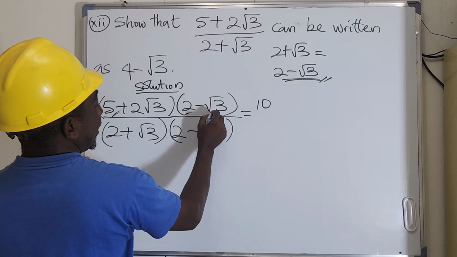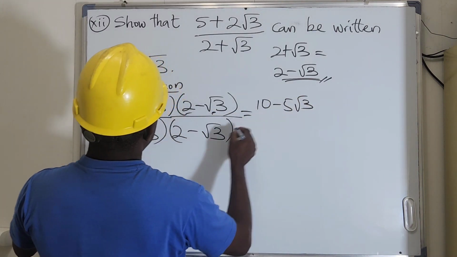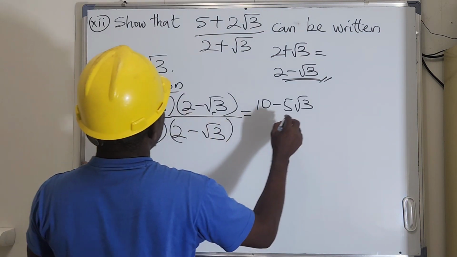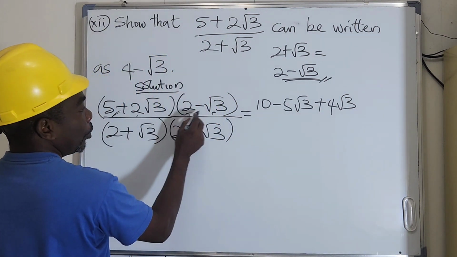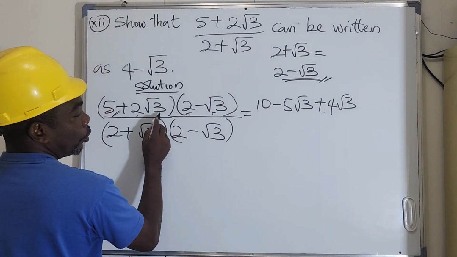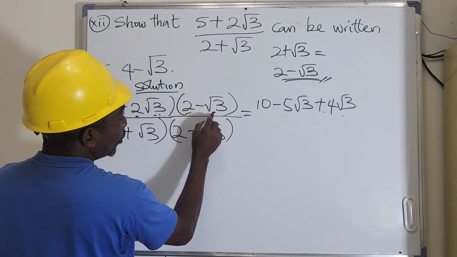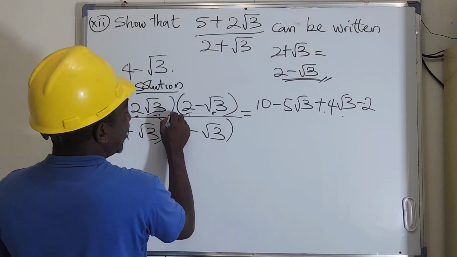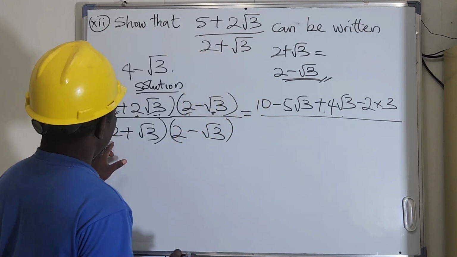We have 5 times minus root 3, we have minus 5 root 3. So we have 2 root 3 times 2 will give us plus 4 root 3, because 2 times 2 is 4, then times root 3. Then 2 root 3 times minus root 3 will give us minus 2 times root 3 times root 3, which is 3.